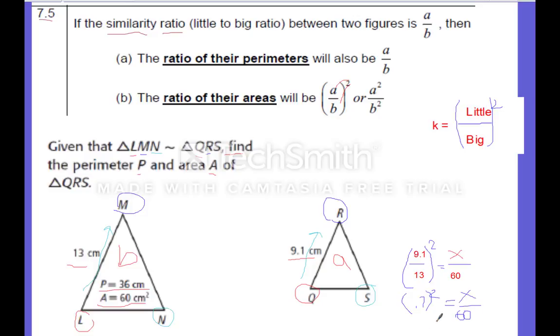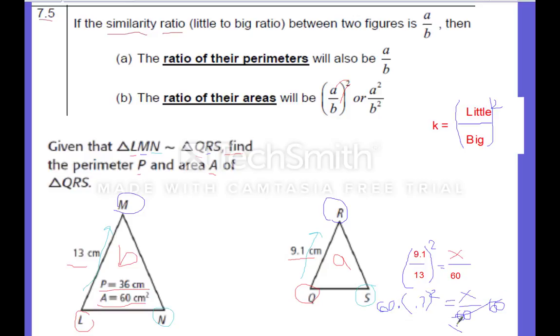0.7 squared is 0.49, and to get rid of the 60 on the bottom, I have to multiply this times 60, and that gets rid of this.